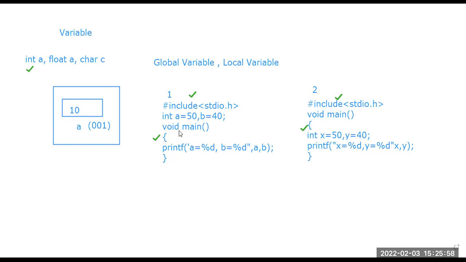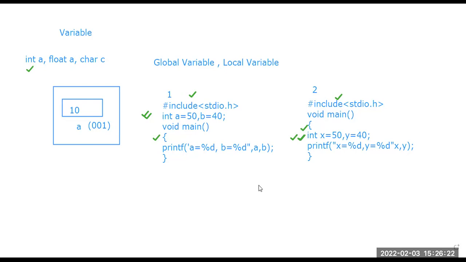So the basic difference is that in the first program we declared our variable apart from the block, at the beginning, and in the second program we declared our variable inside the block. So this is the scenario for global and local variables.